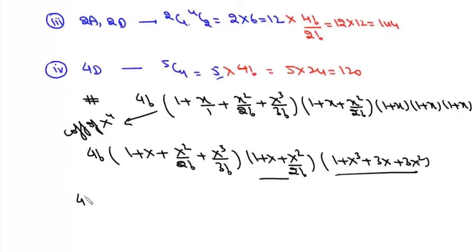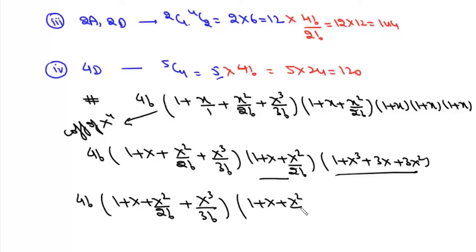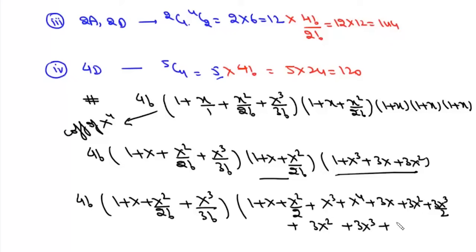We can write factorial 4 times (1 plus x plus x square upon factorial 2 plus x cube upon factorial 3), and here (1 plus x square upon 2) times (1 plus 3x plus 3x square plus x cube). We'll discard all the parts which are greater than the power 4, giving 1 plus 3x plus 3x square plus 3x cube by 2 plus 3x square plus 3x cube plus 3x to the power 4 divided by 2.